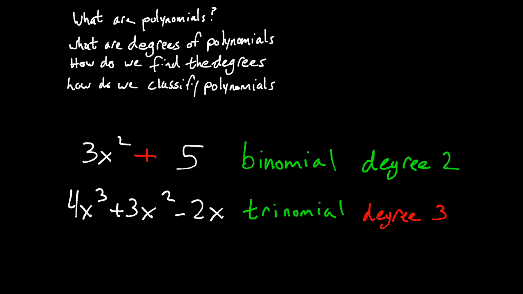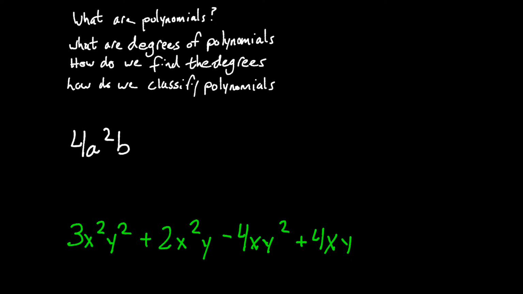But sometimes it's not going to look as nice as we would hope, so let's take a look and discover what happens if there's more than one variable in front. So here I've put up a monomial 4a squared b, and then a 4-term polynomial with 3x squared y squared plus 2x squared y minus 4xy squared plus 4xy.